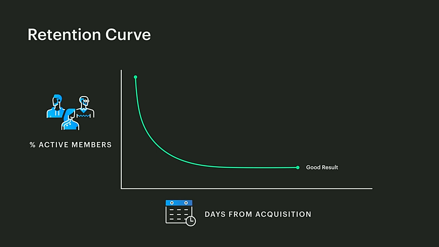What is the percentage of people who've come back? And you look at that, if that graph does not go flat, if it does not reach some steady state, if it just keeps going down and down and down towards zero, then you really can't grow that thing.